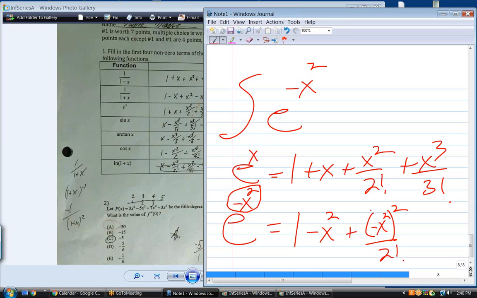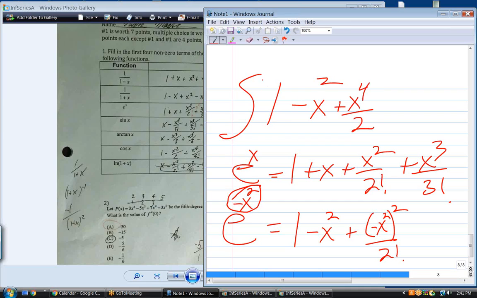So you can see that I can figure out the infinite series for e to the minus x squared as long as I know what the power series for e to the x is. And now, instead of taking the integral of e to the minus x squared, I'm going to take the integral of 1 minus x squared plus x to the fourth over 2, and so forth and so on.